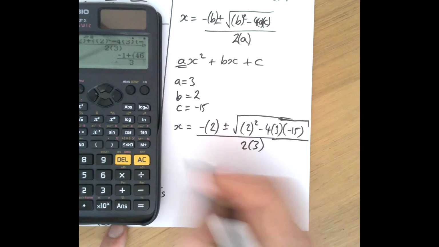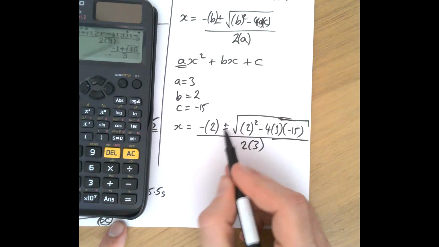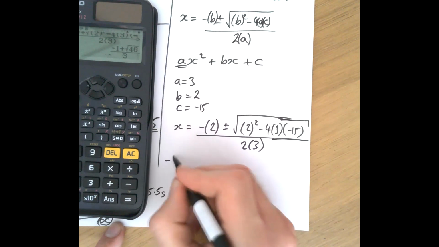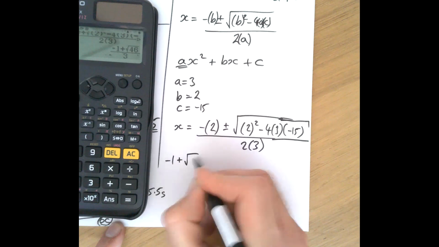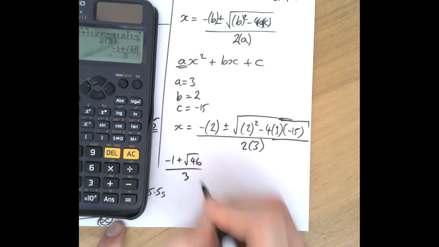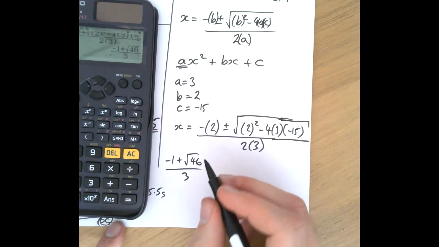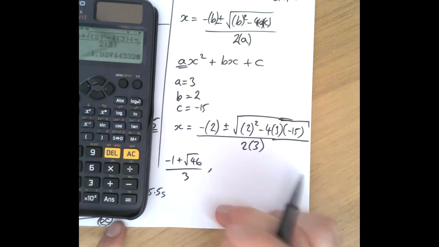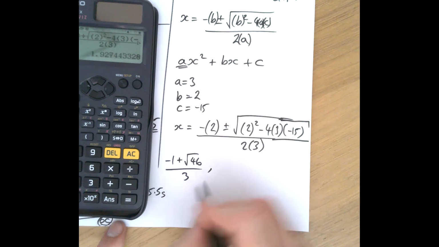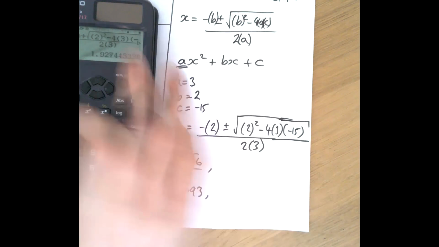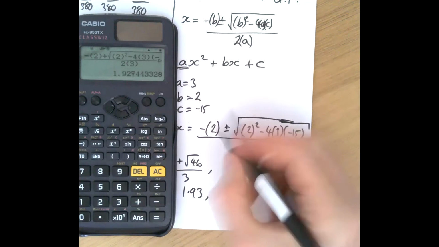Okay, so when we do the plus, we get an answer of minus 1 plus root 46 over 3. Now ordinarily that would be okay, but they've asked us to give it to 3 significant figures, so I'm going to say this one is 1.93. But there are 2 solutions, so rather than having to type it out, we did the plus.